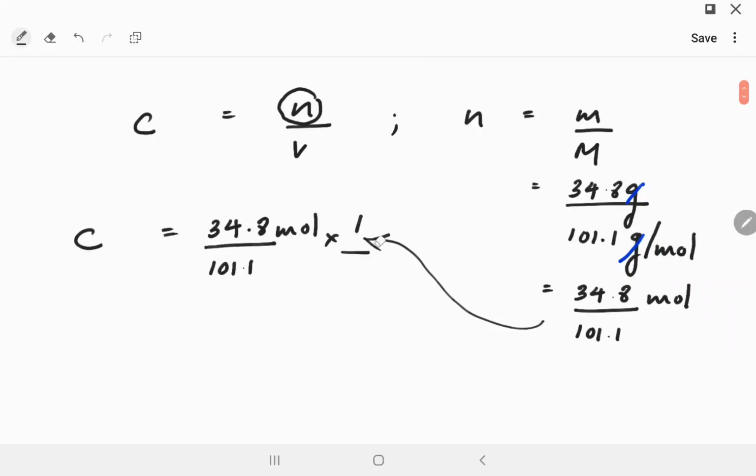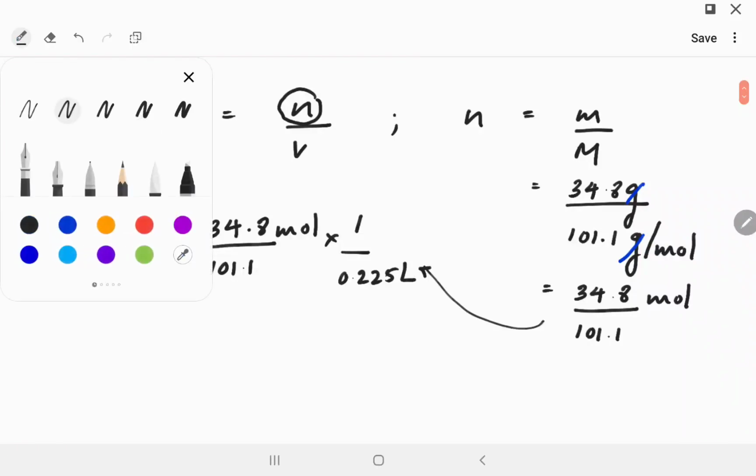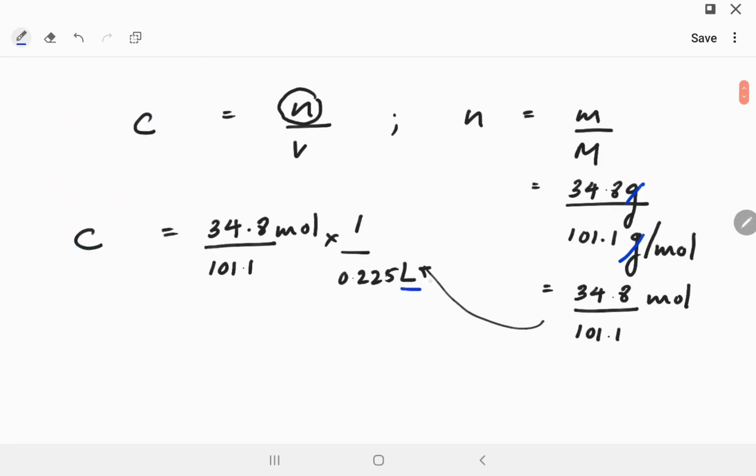Volume is how much? 0.225 liters. The most important thing is that volume is given in liters. That is extremely important. Well done. All right, so let's punch the numbers in your calculator and see if you could get the answer.